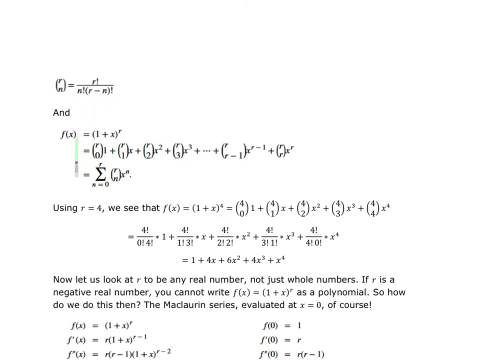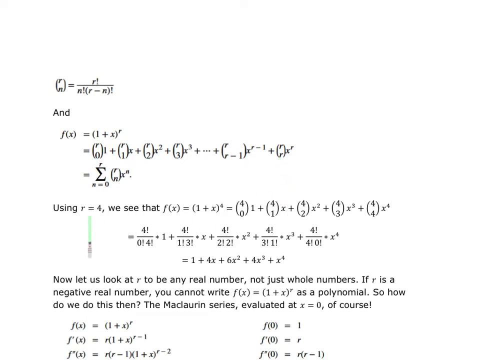And then what ends up happening when I have f of x equal to 1 plus x raised to the r, it's going to be r choose 0, r choose 1, r choose 2, all the way up until r choose n times x to the n, because my 1 is just going to be powers of 1 here.